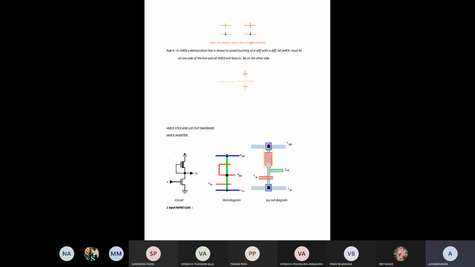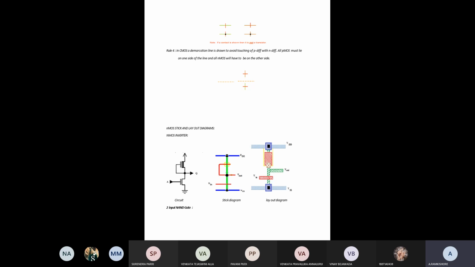That demarcation line should be drawn with the help of the brown color. That means we have to show a representation to separate the NMOS transistors and the PMOS transistors in CMOS technology. We must show the demarcation line between the p-type transistors and the n-type transistors.